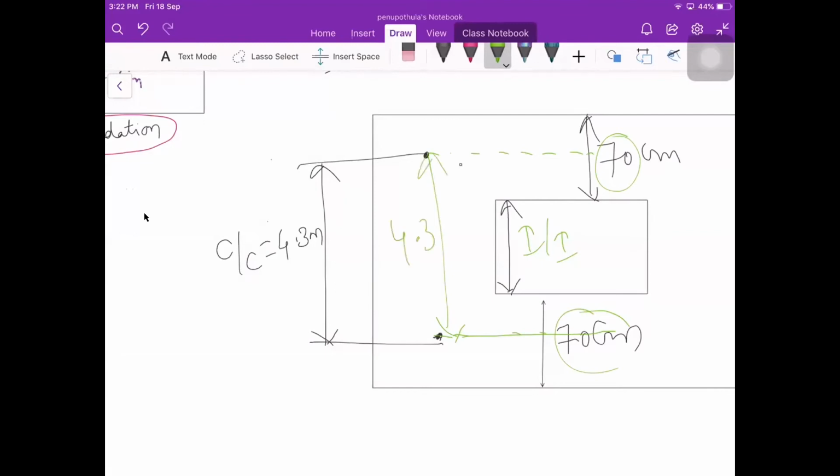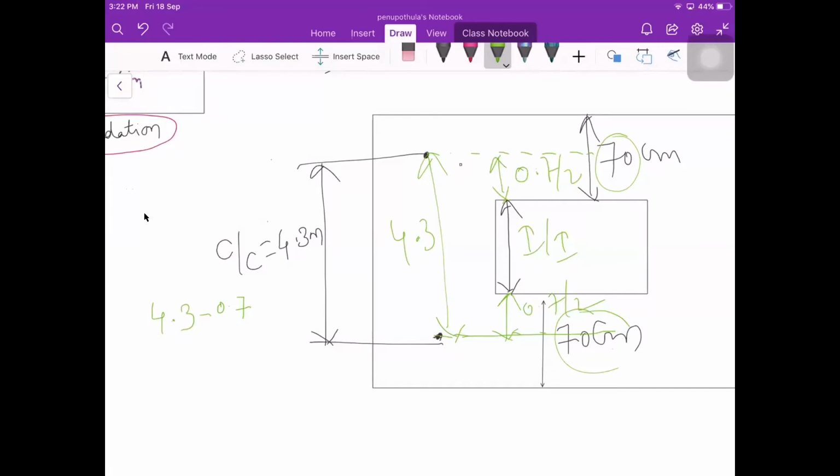So if you want this, we need to reduce half portion on one side and another half portion on the other side. This is the width. So we need to reduce 0.7 by 2 on one side and 0.7 by 2 on the other side. Okay, so here it is 4.3 minus 0.7 by 2 minus 0.7 by 2.